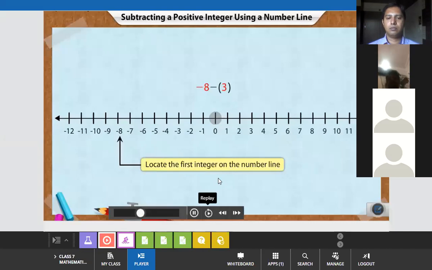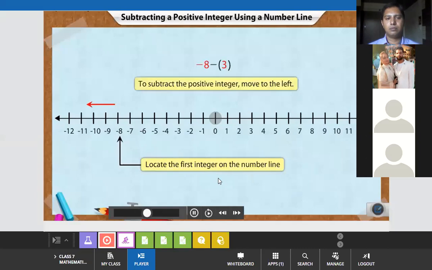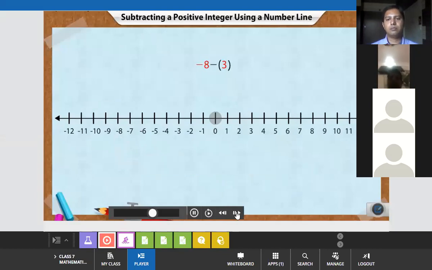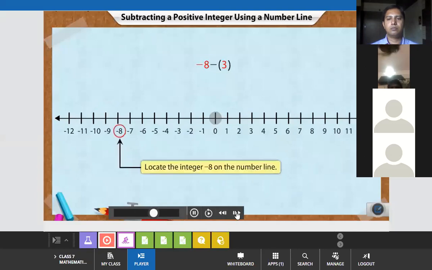This integer can be positive, negative, or even 0. Then, to subtract the positive integer, move to the left on the number line from the first integer. So, locate the first integer negative 8 on the number line.